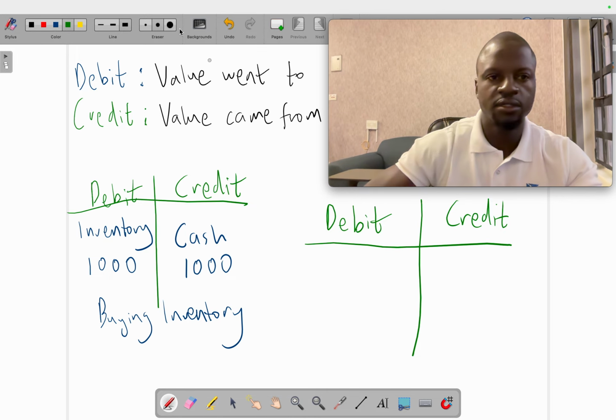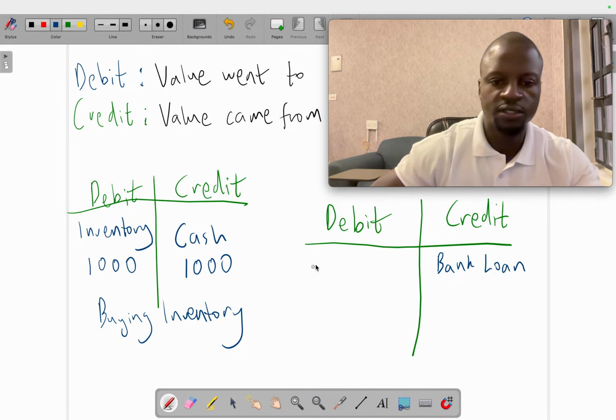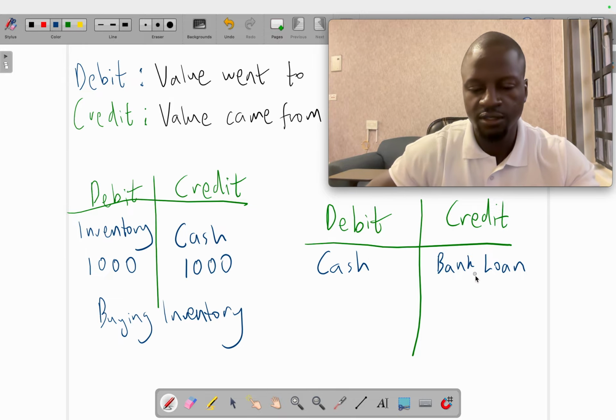In this case, if the owners are going to borrow 1 million, the value has to come from somewhere. So the value probably is coming from a bank loan. And it's going to end up as cash in assets.